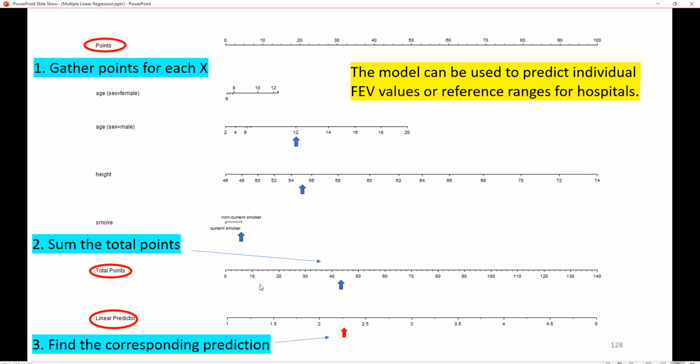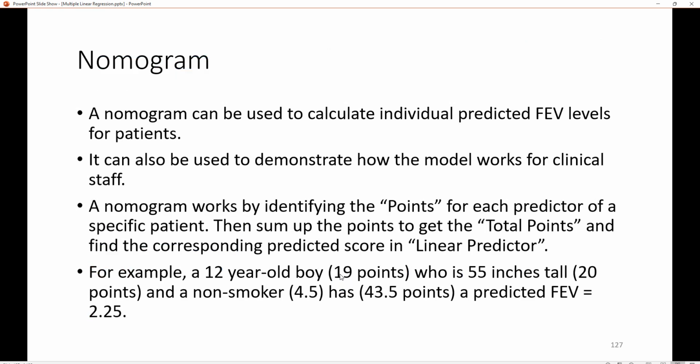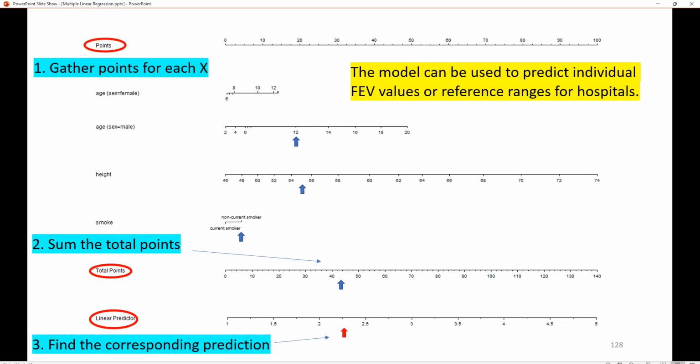And so now we sum the total of those, and I think it was 42.5, or I'm sorry, 43.5. So we sum the three values that we had for age for boys, height, and smoking. That comes out to our second step, which is sum the total points, and that comes to 43.5 points.